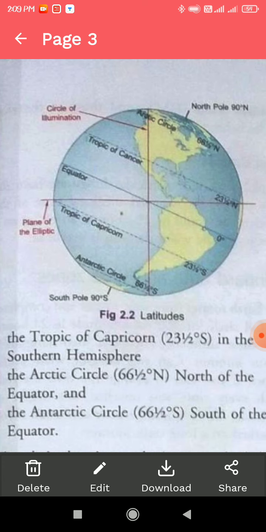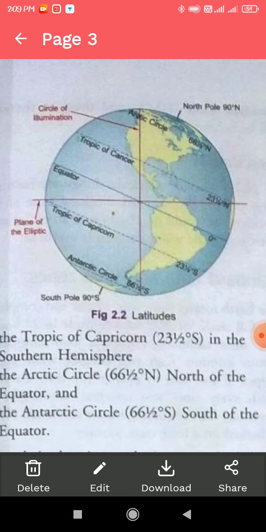And also the equator represents 0 degree latitude and it is the main point or reference point. All latitudes are measured as angle from the center of earth north or south of the equator. Also, the most important thing is that latitudes are also called parallels of latitude because they run parallel to each other.